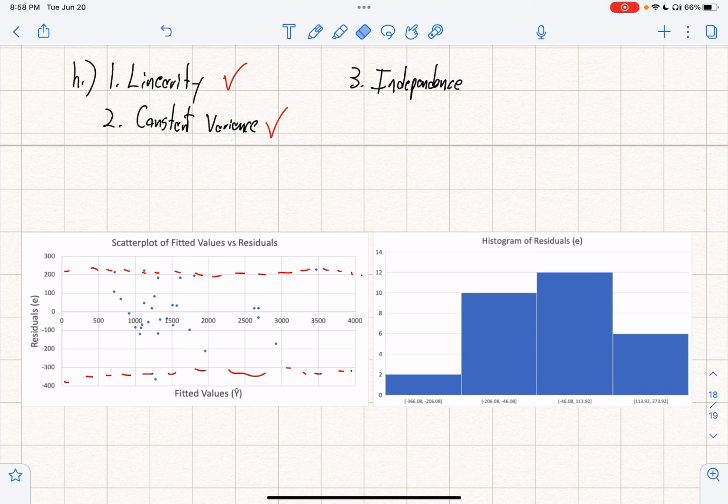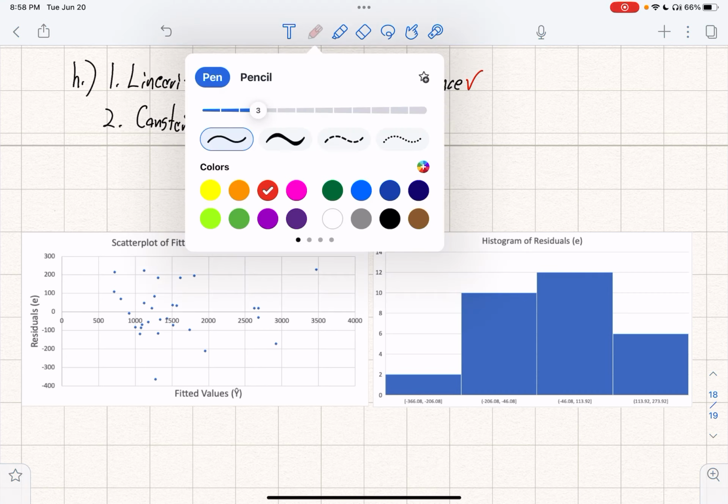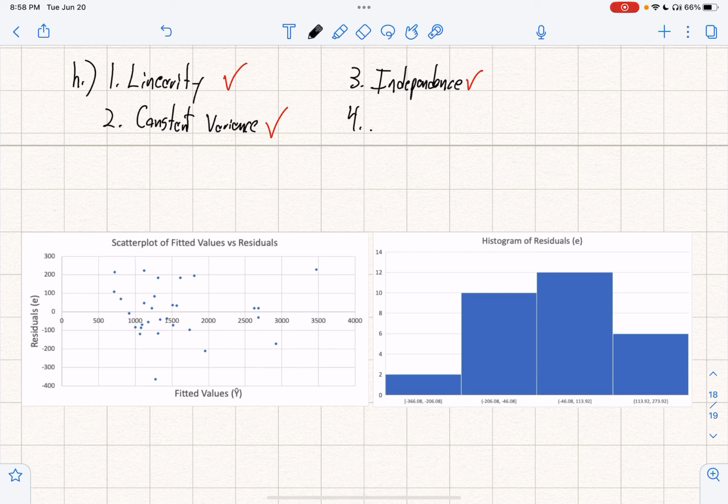So we're really just looking for any systematic pattern in the scatter plot, and there really isn't one. And again, we don't have a time series, so this isn't a problem. So we'll just say yes. And then finally, normality of residuals. And we can see that there's this bell-shaped curve to our histogram of residuals. So I think we can say that that is satisfied as well. Okay, well, that's it for chapter 13.